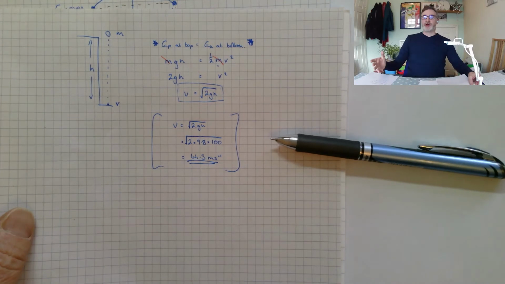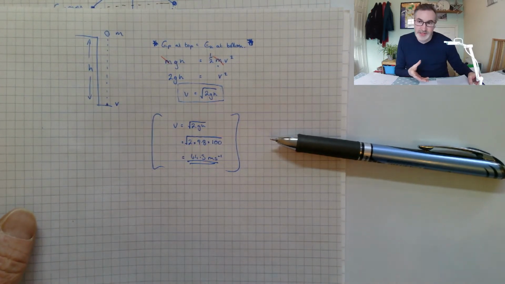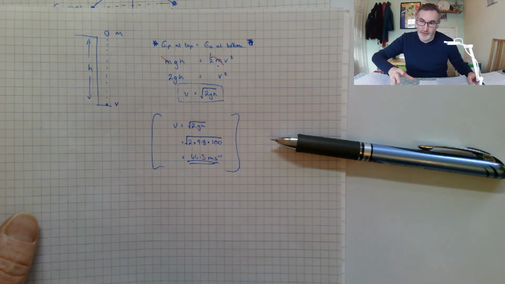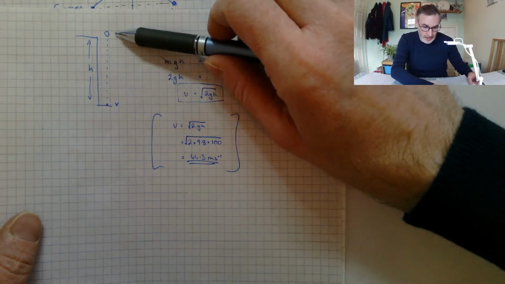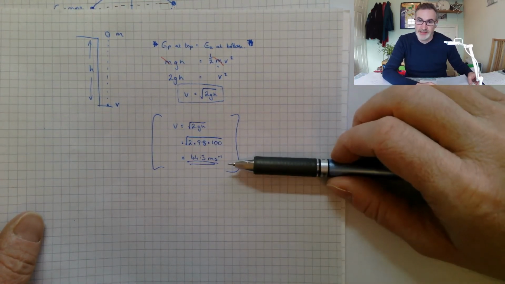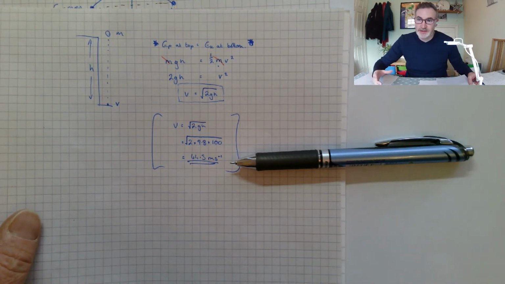Now, if we're ignoring air resistance, which we always do, then the mass of an object is irrelevant. We could drop a piano off, or indeed we could drop a feather off, and they would both accelerate and they would both hit the ground at exactly the same time. At the end of this video, I'll give you a couple of links to watch.